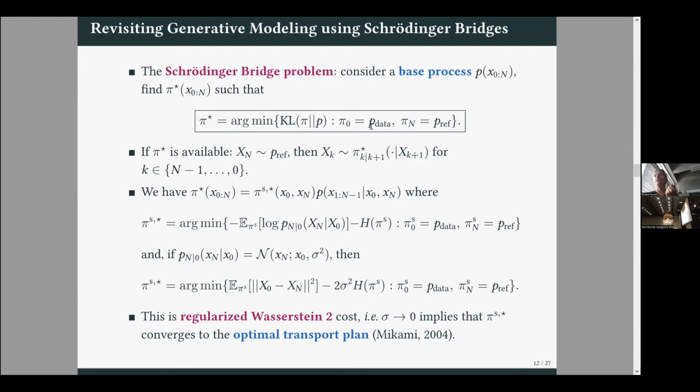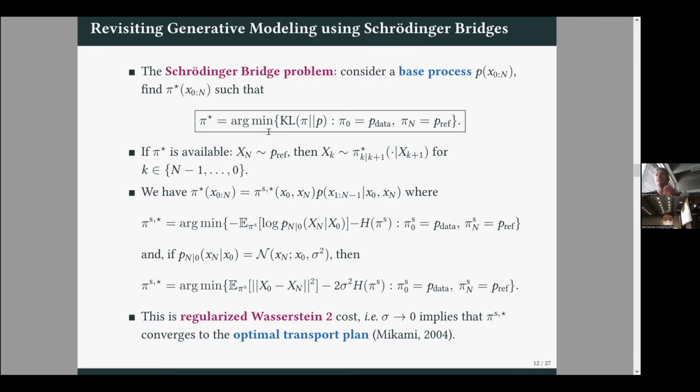I want this marginal to be exactly the distribution of the data, and I want its marginal distribution at time n to be exactly equal to my Gaussian distribution. So I want to minimize the KL divergence of pi, but the minimization is under two marginal constraints: the marginal distribution of pi at time 0 equal to p data, and its marginal distribution at time n exactly Gaussian. Assume I find the solution to this problem. I call it pi star.